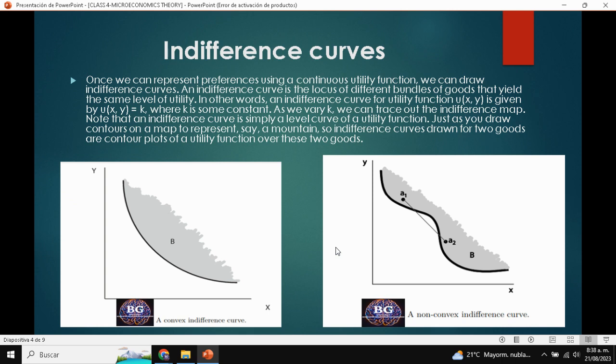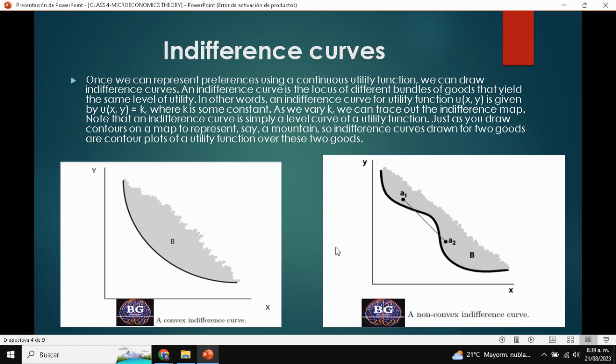Once we can represent preferences using a continuous utility function, we can draw indifference curves. An indifference curve is the locus of different bundles of goods that yield the same level of utility. In other words, an indifference curve for a utility function is given by U(x, y) equals k, where k is some constant.